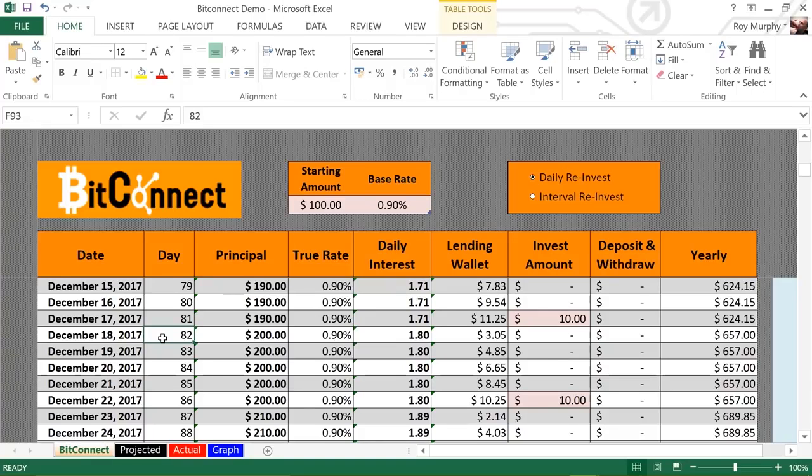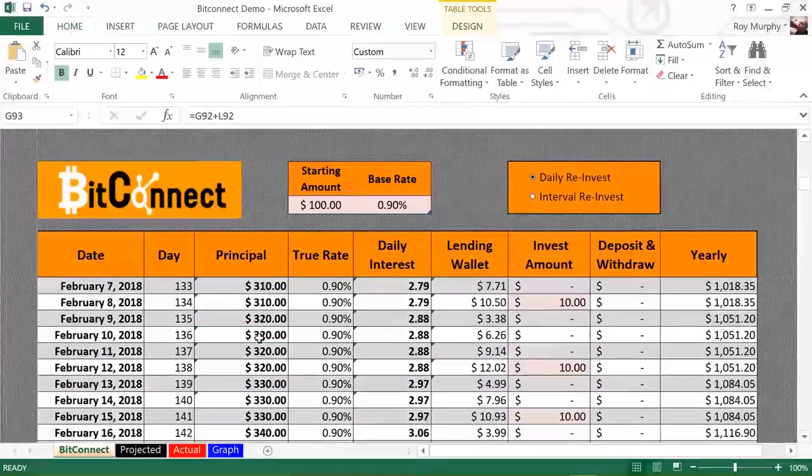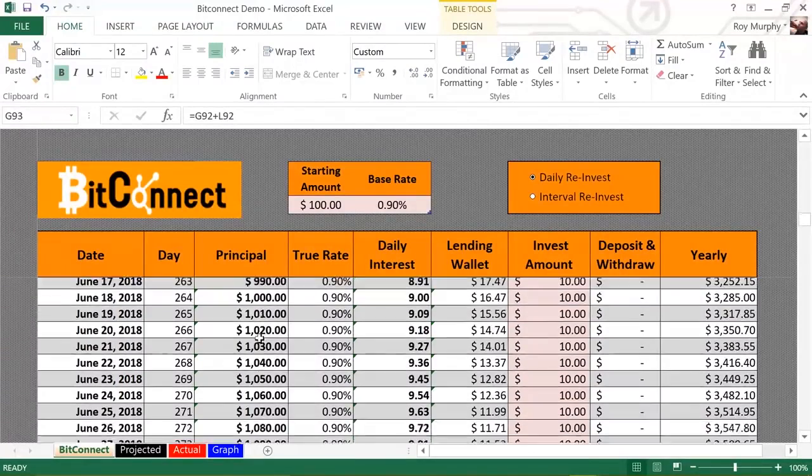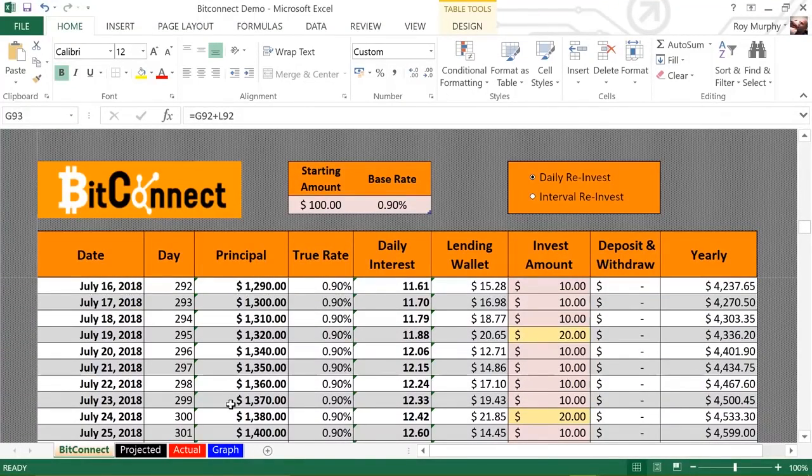Now at this point you haven't actually received your principal, because you put in $100, so you have to wait till day 299 to get your principal back as well. On day 299 you've turned that $100 into $1,370 plus your principal.